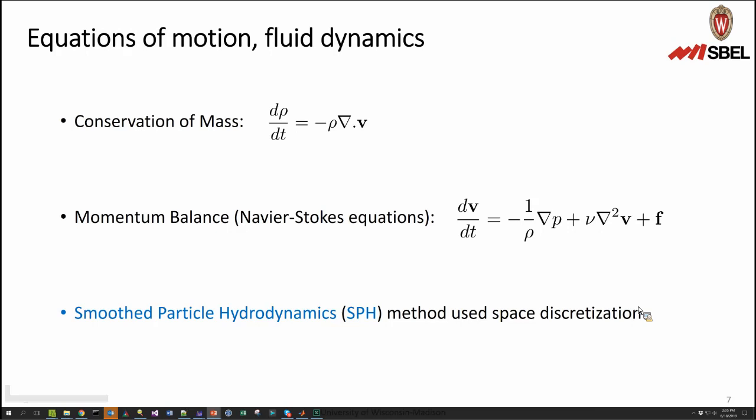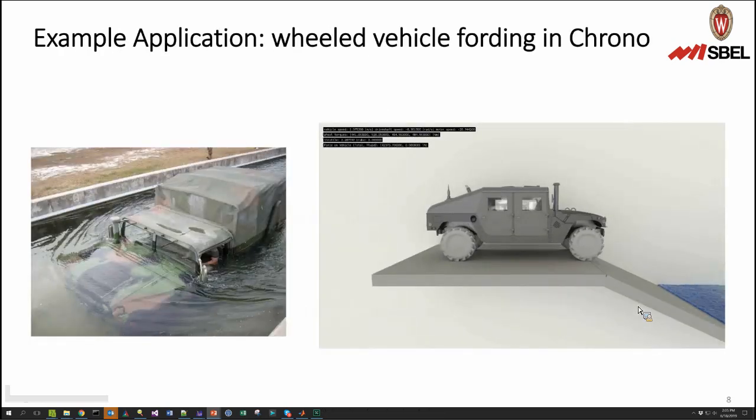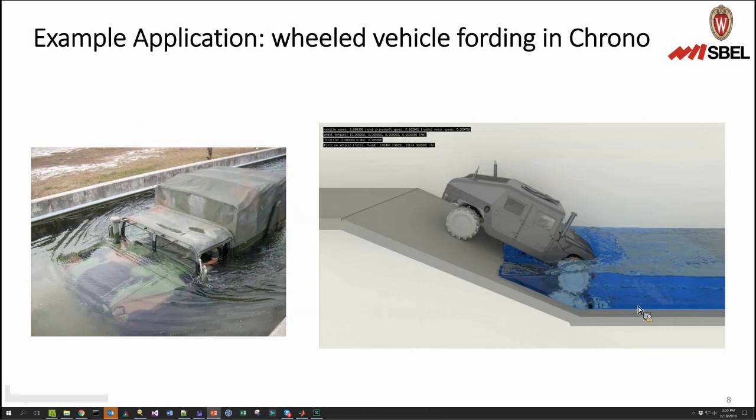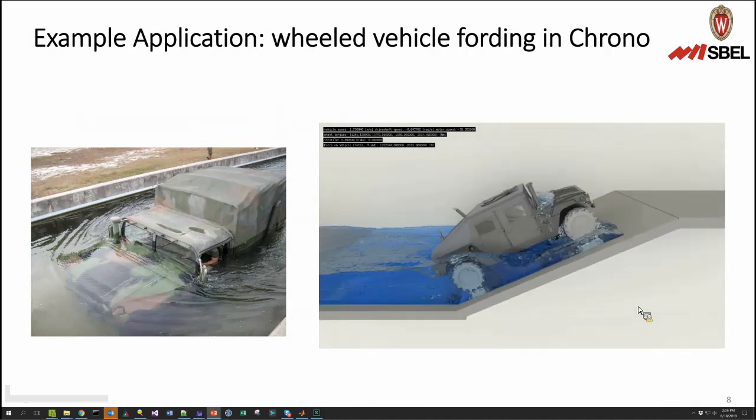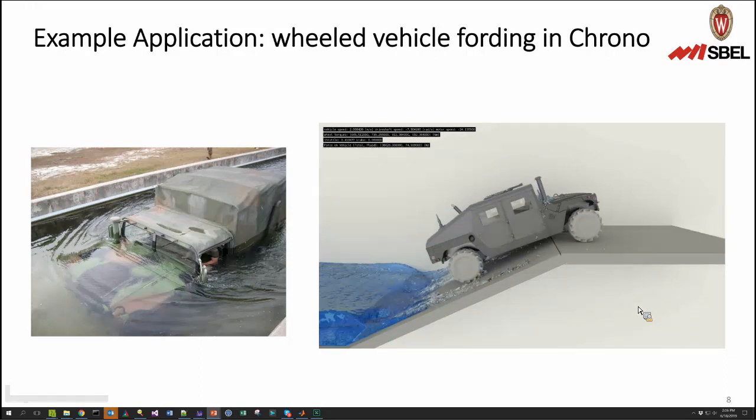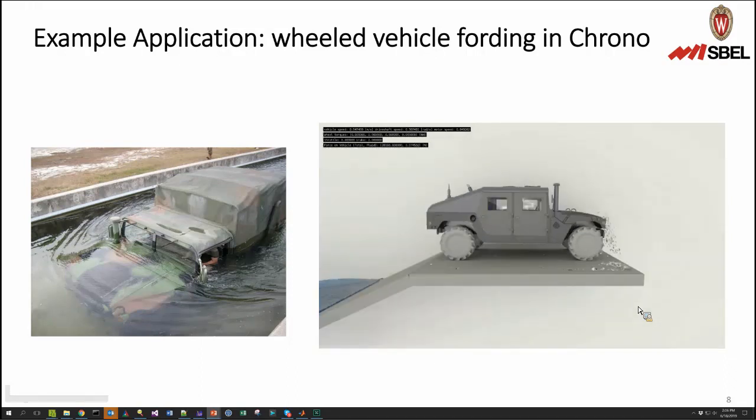We solve these equations in the framework of the smoothed particle hydrodynamics method. On this slide, I'm showing an example application of fording of a vehicle. This is inspired by a project that we have ongoing with the US Army.